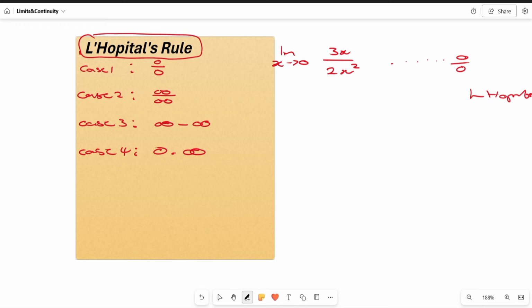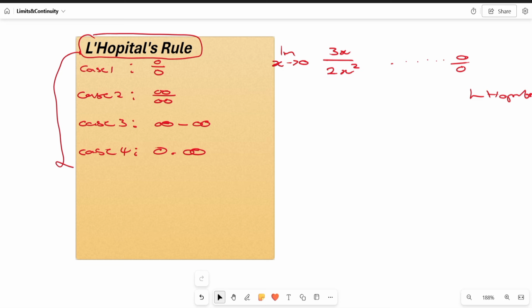So guys, L'Hopital's rule just says that if you are asked to find a limit and you get these 4 cases, what you do is derive both the numerator and the denominator, and then you try to substitute whatever you are being asked to substitute for.